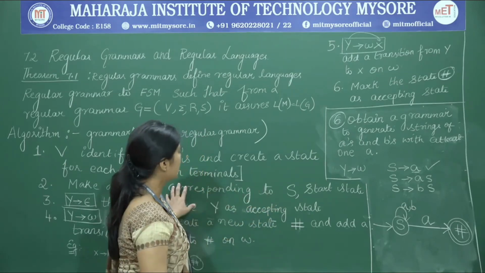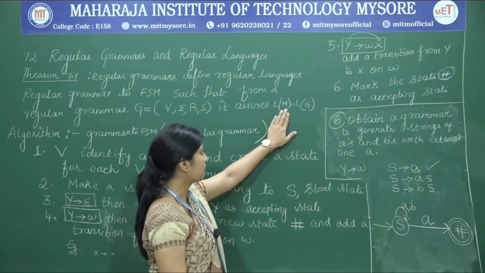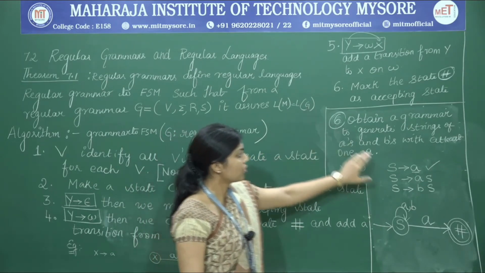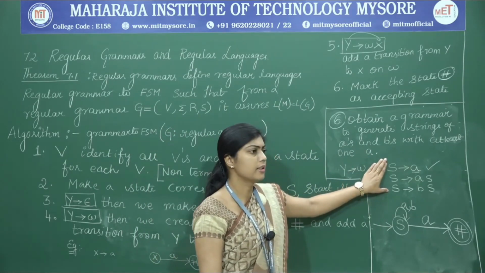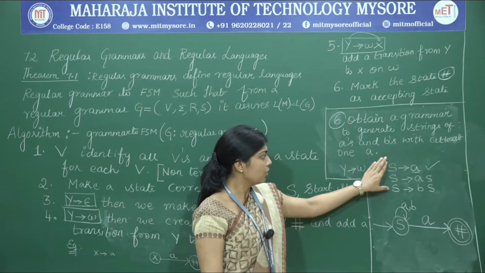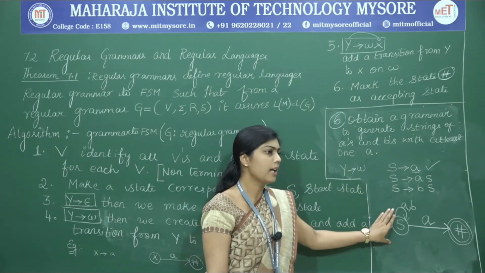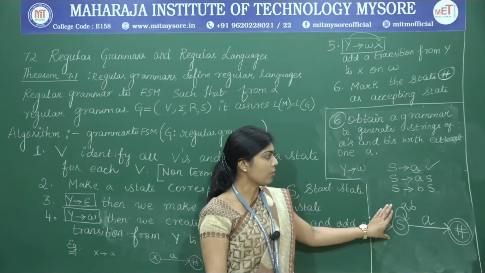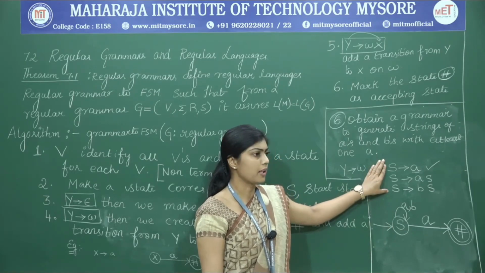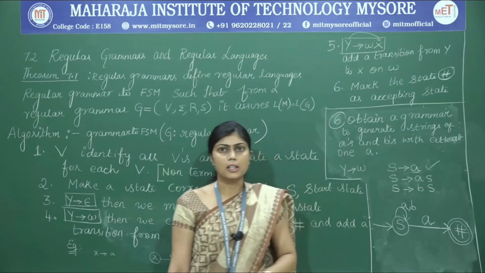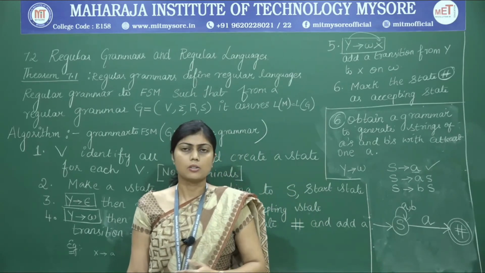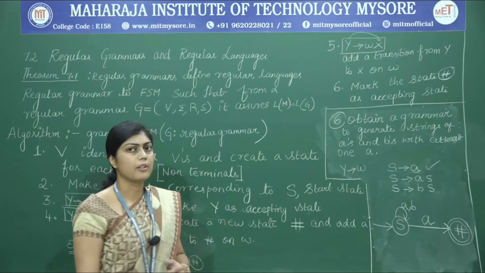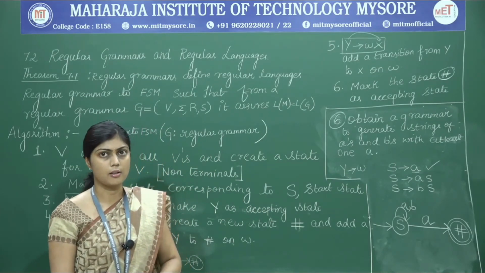Also, the aim is that the language accepted by the machine should be equivalent to the language of the grammar. Whatever strings this grammar produces, those strings have to be accepted by the automata also. So, the language of the automata and the language of the grammar are the same. This is the concept of regular grammars and regular languages. Thank you.